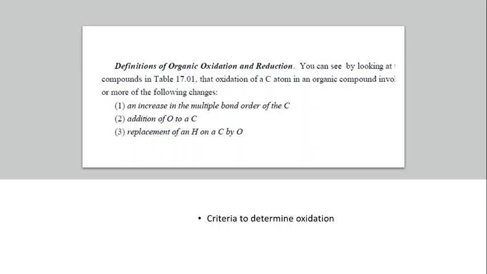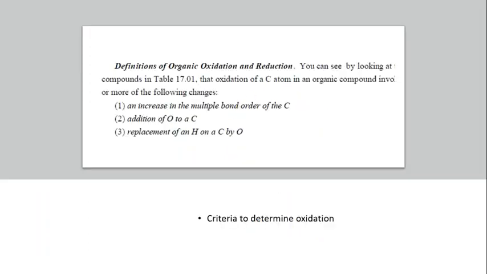So whichever of these three processes has occurred, we say that the species has been oxidized. For a redox reaction, the gain in oxygen or the loss of hydrogen is oxidation.